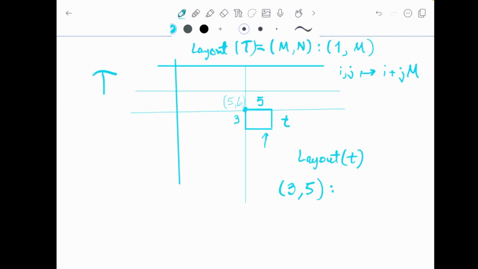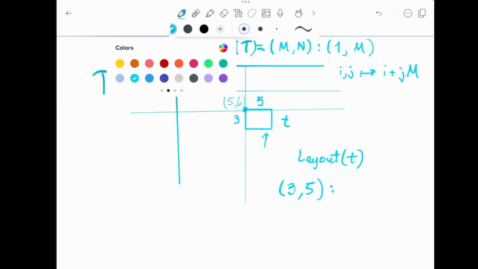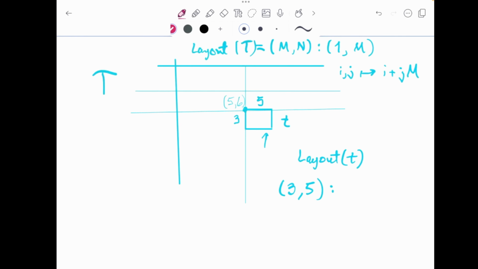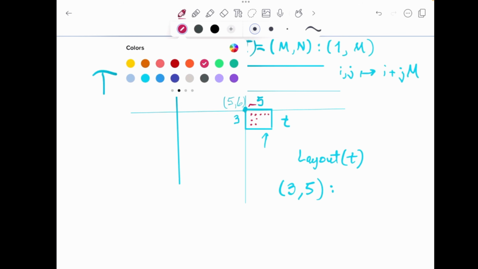So in order to answer that question, I could sort of poll the audience if I were live, and I would see if anybody thought about it. But in lieu of that, since we're on electronic here, let me just ask the question: if I increment 1 in the I direction, how much does the offset change? Well, it changes the same amount that it did before in the larger tensor.